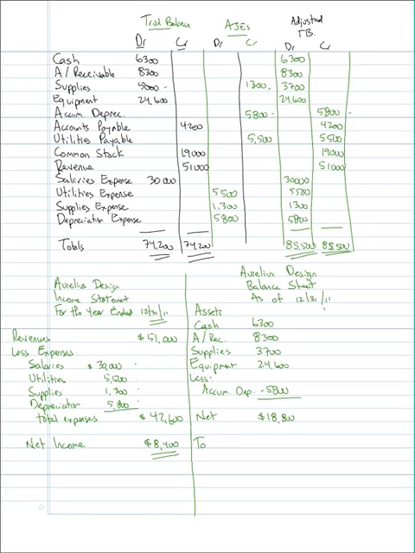So our total assets, including this $5,800 reduction because of our contra asset account, our total assets of cash, accounts receivable, supplies, and the net book value of our equipment, $37,100 of total assets.